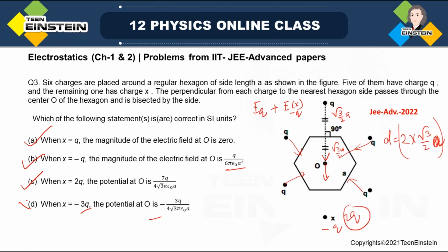So this is not true. So here A, B, C, these three options are correct.